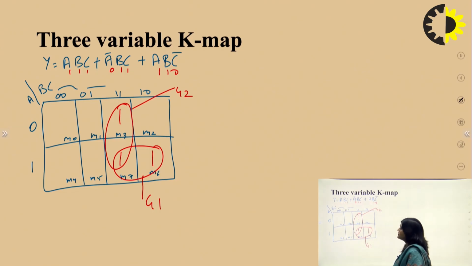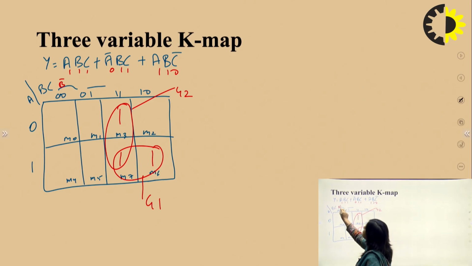Now we will check for a redundant group. We can see this group contains a one that is not shared by another group, and here is one which is not shared by the other group. So both groups are correct. Now this G2 is equal to, this 0, 0 means B bar C bar.